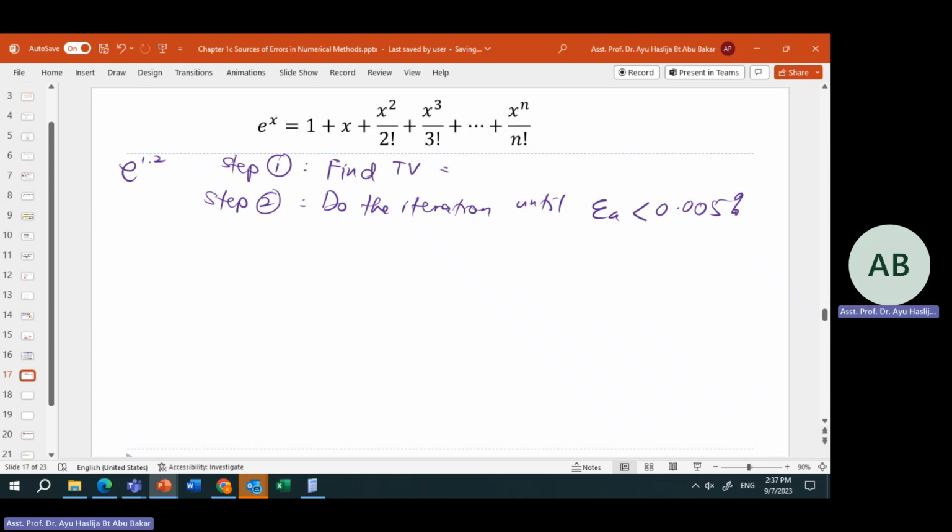Fix the decimal point that you want to use. But in the question just now, it's already mentioned 4 significant figures. So fix your 4 significant figures, meaning that you have 3 decimal points.